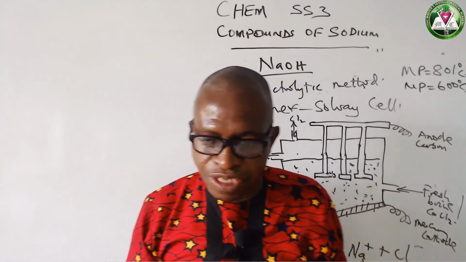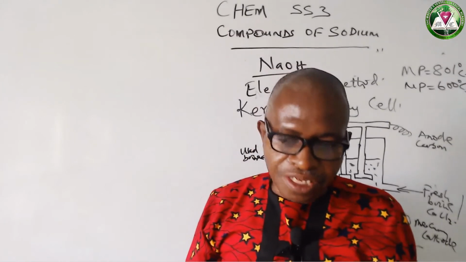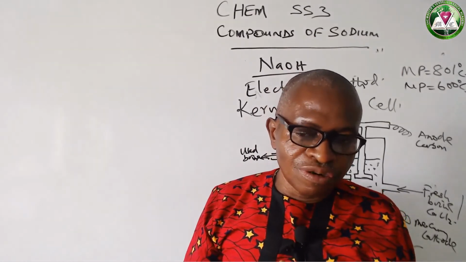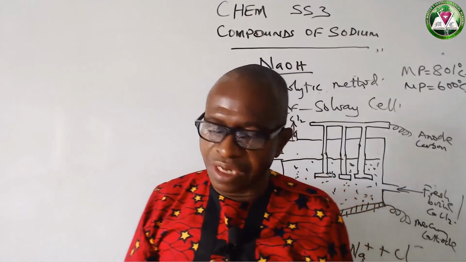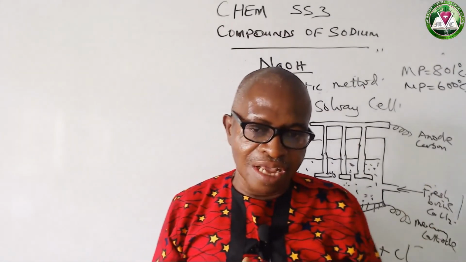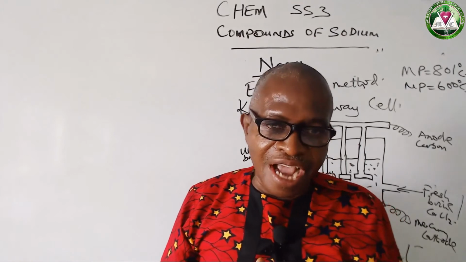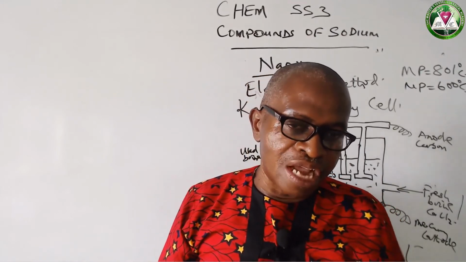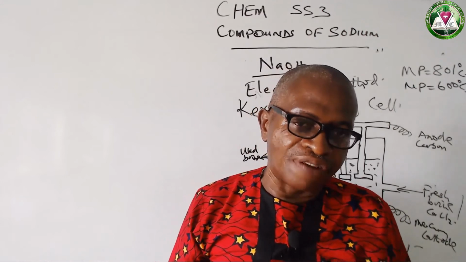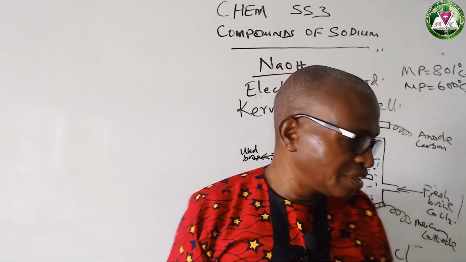The one that will be deposited will be sodium. The reason why sodium will be deposited instead of hydrogen ion is because sodium has affinity with mercury. And again, the energy needed for sodium to be deposited is lower than that of hydrogen to be deposited.